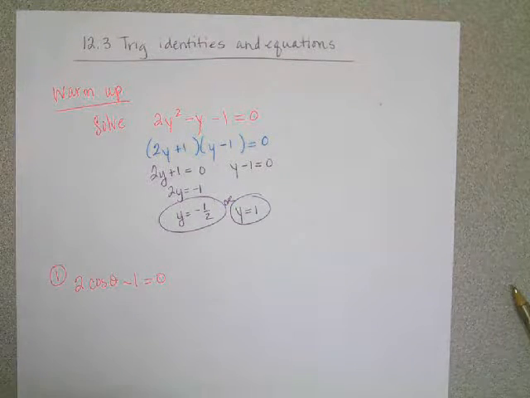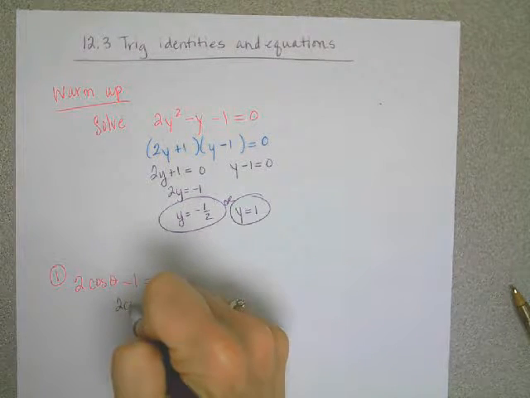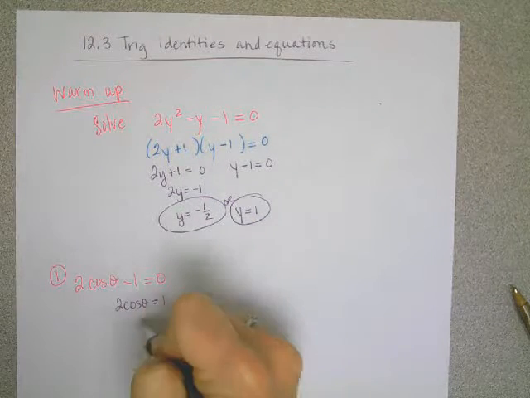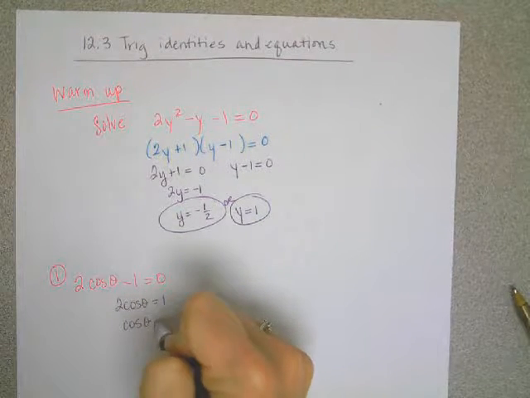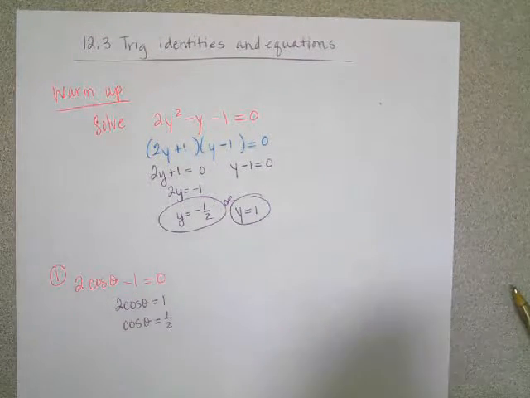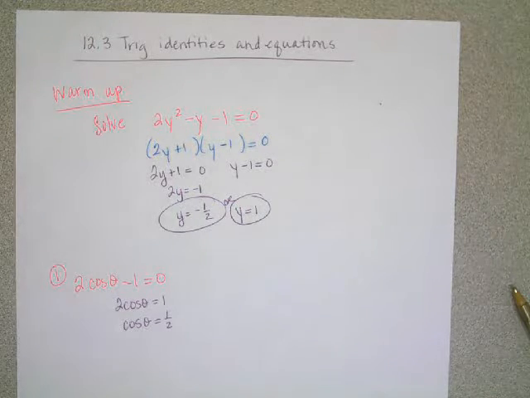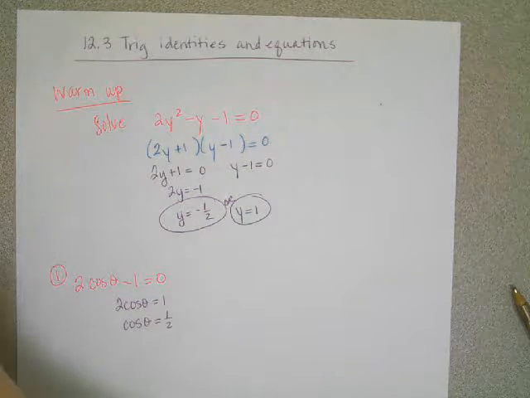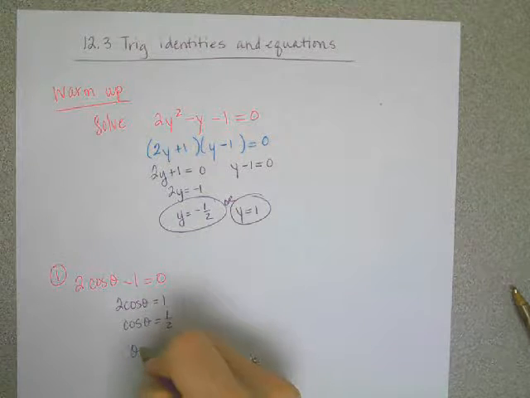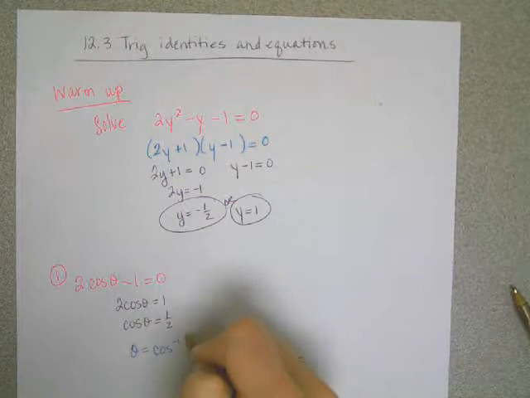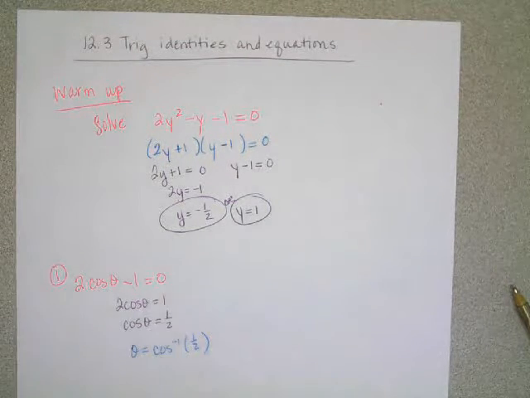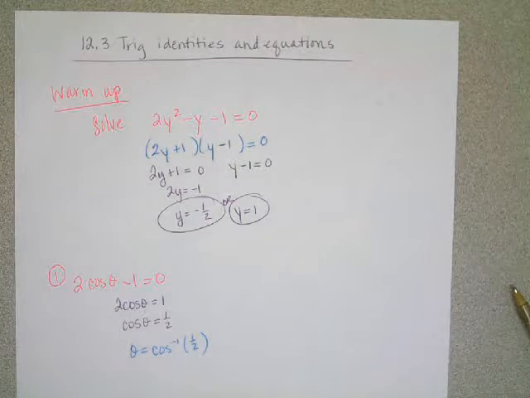Nothing's being squared, so I don't need to factor it, so I'm going to solve by adding 1 and dividing by 2. What this is asking is, at what angle does cosine equal 1/2? You could also say this, theta equals cosine inverse of 1/2. What that's asking you for is, where on the unit circle is cosine 1/2?